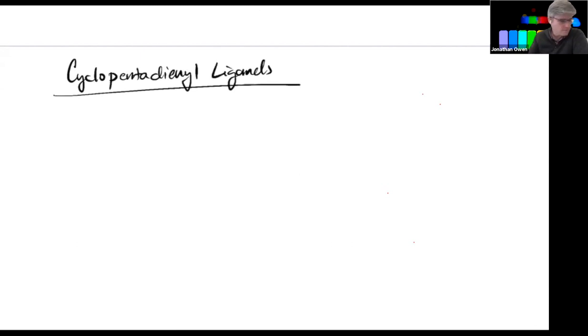Let's take a look here at cyclopentadienyl ligands. Sometimes they can be eta 1. There's an eta 1 cyclopentadienyl ligand.